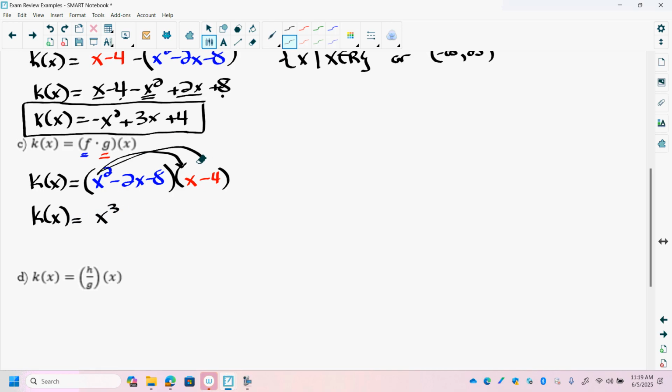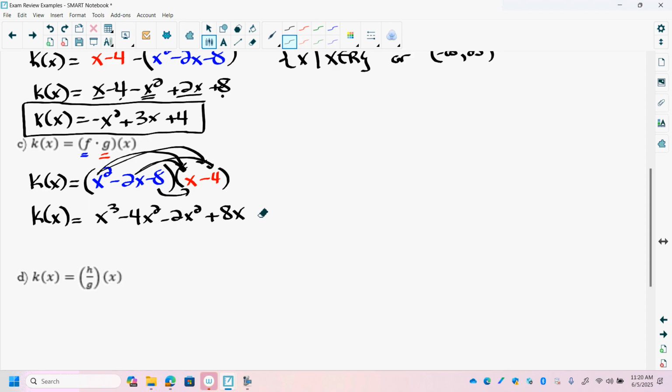What's x squared times negative 4? What about negative 2x times x? Or negative 2x times negative 4. What would that give me? Negative 2x times negative 4. Positive 8x. Good.